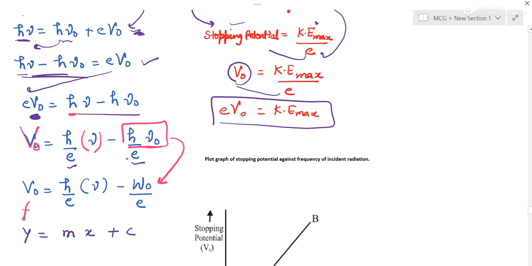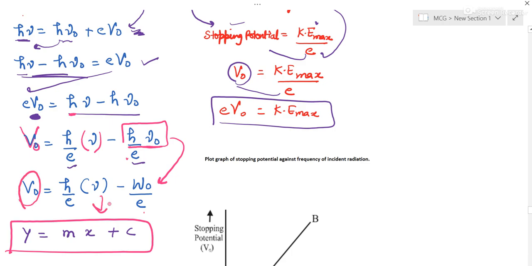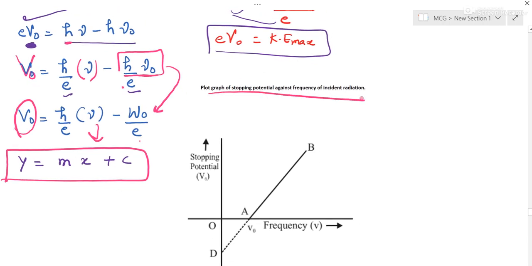Now this is comparable to the equation of a straight line: this is y, this is x, this is m, and this is the intercept. So this equation is comparable to y equals mx plus c. It means the graph between stopping potential and frequency would be a straight line. So the plot would be this.